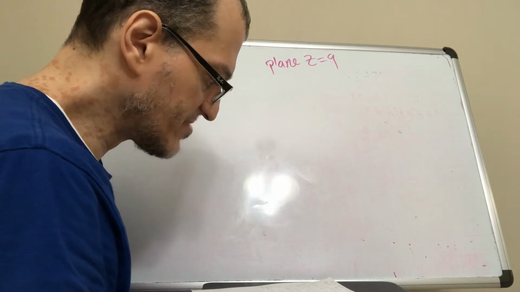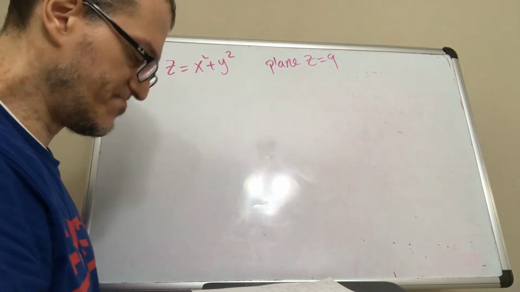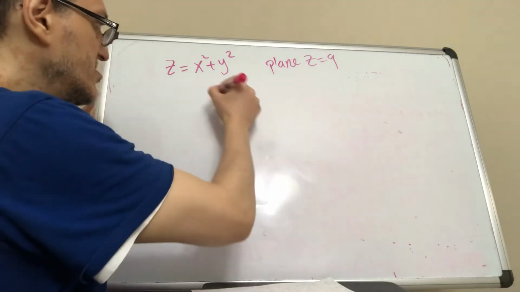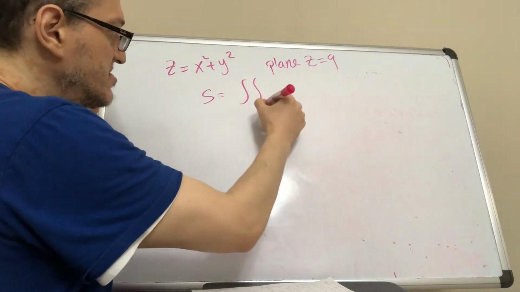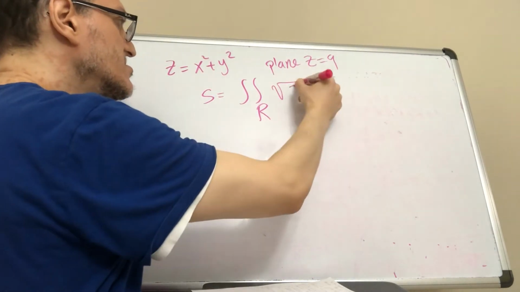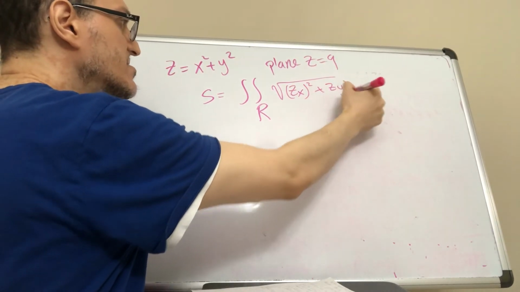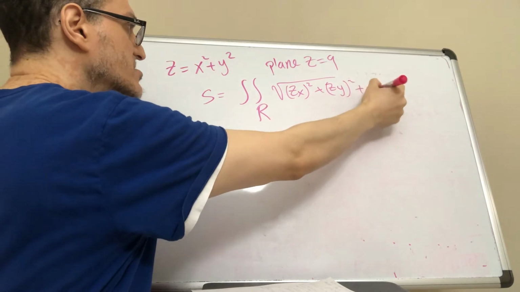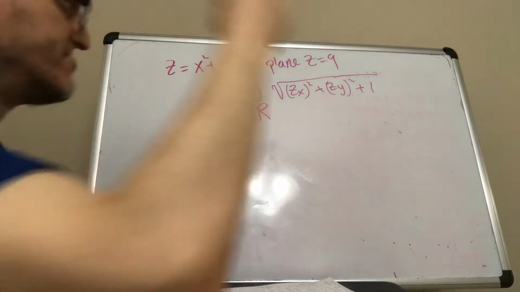So the surface area, first of all, to do the surface area you need to know the equation for the surface area. Integration, and it's the square root of z_x squared plus z_y squared plus 1 dA.